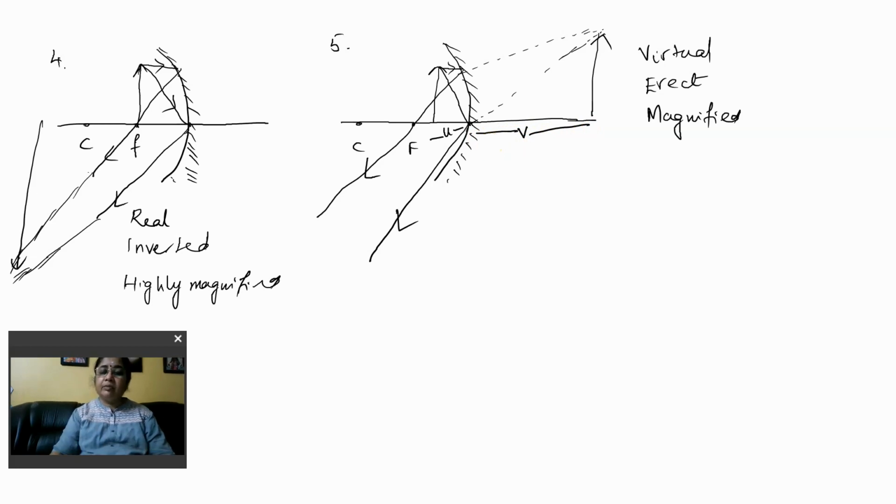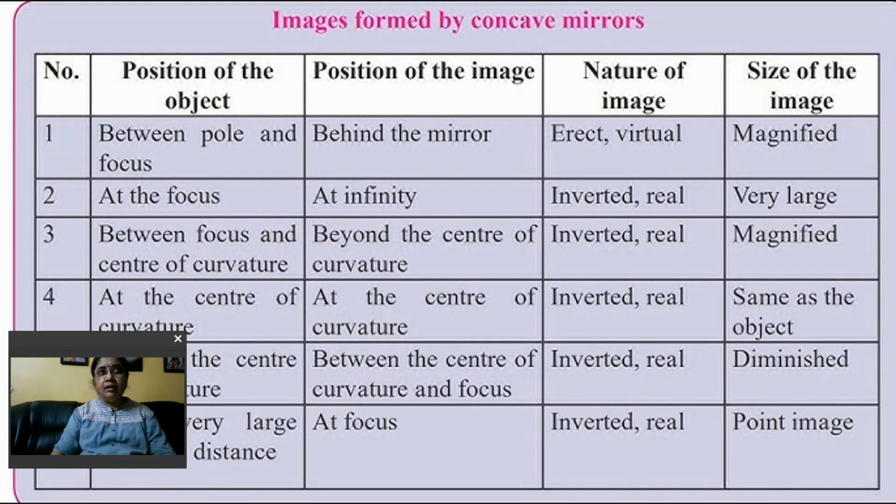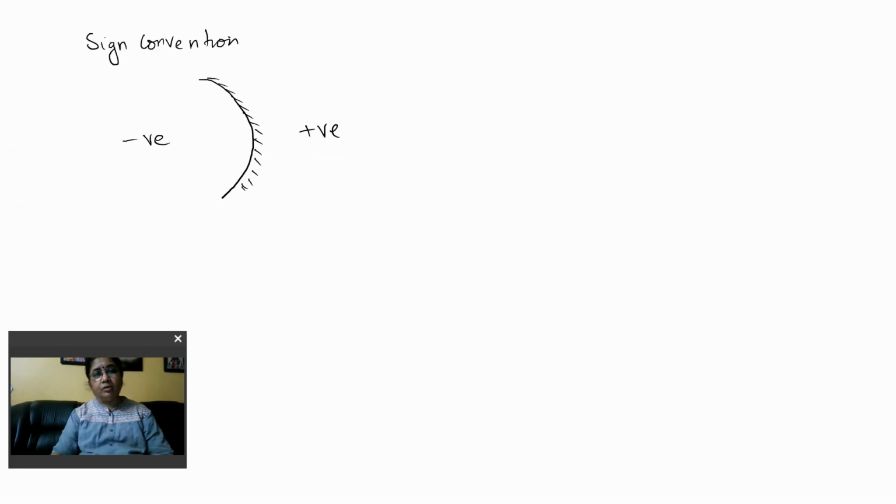Remember, if this is my object, this will be u. This is negative. If this is my image, this is v. I'm just telling you an example. This is also negative. Please remember that.